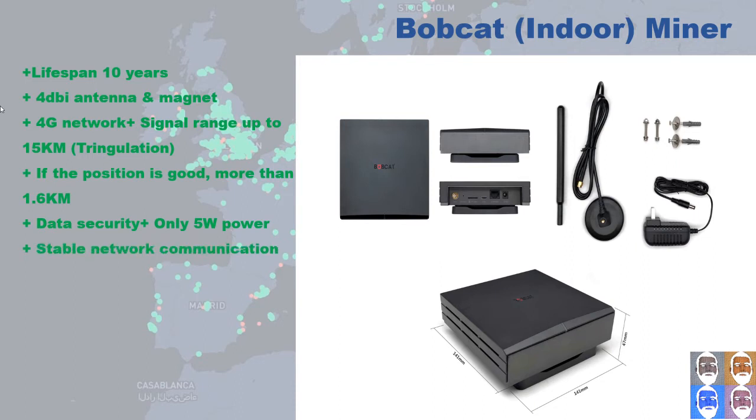Stable network communication. There is no losing traffic. When the data is coming in, it has a strong power to reach this data inside the hotspot and give it to the Helium network, so you don't lose data.